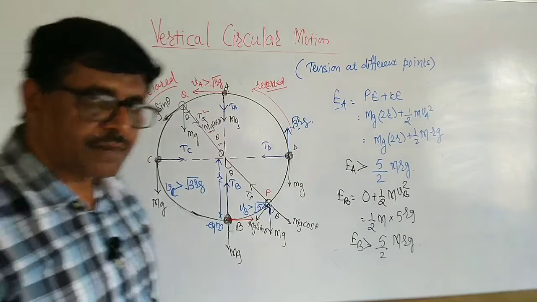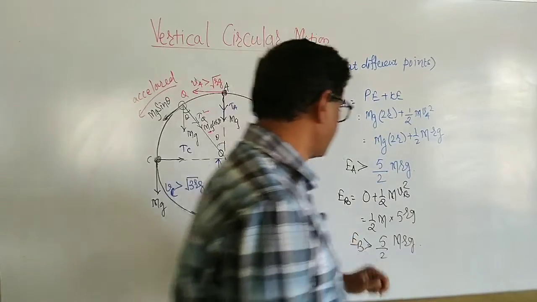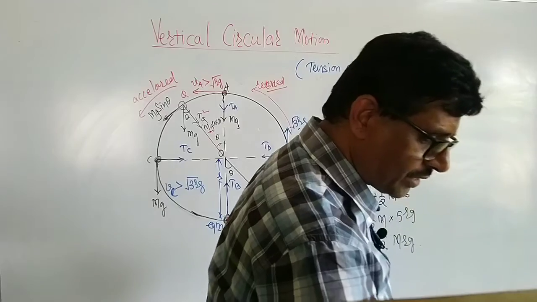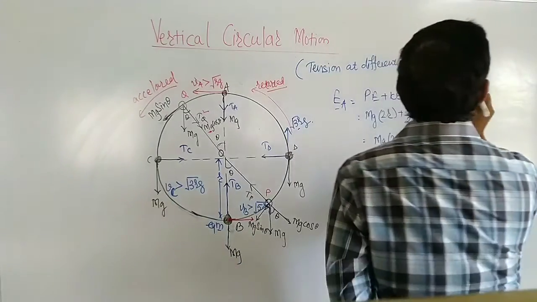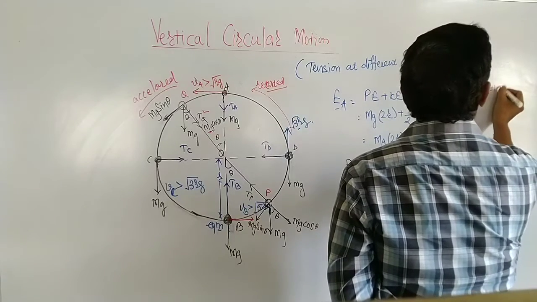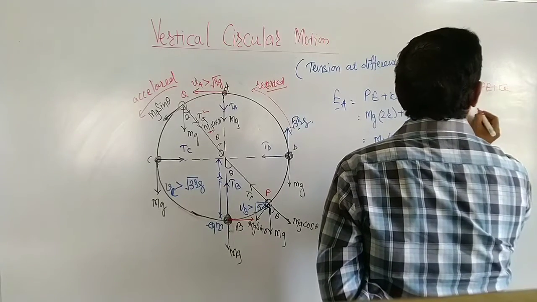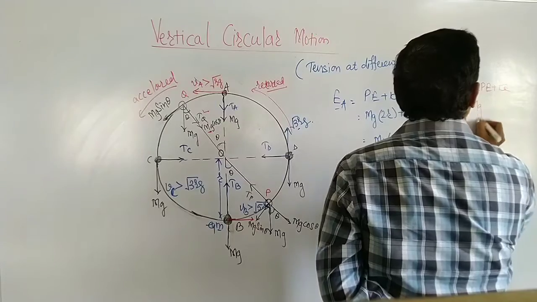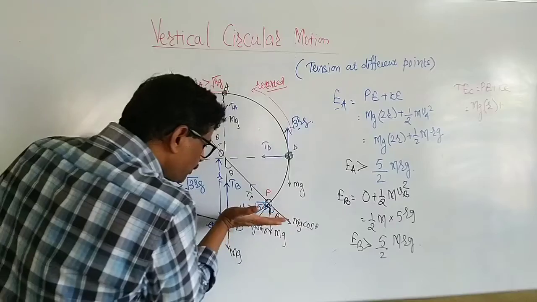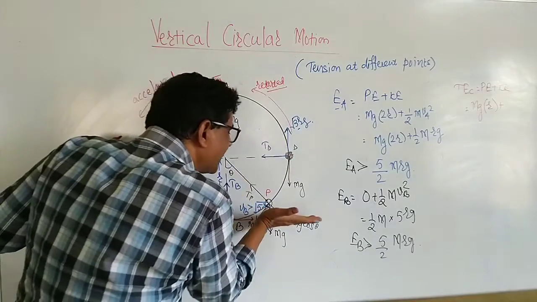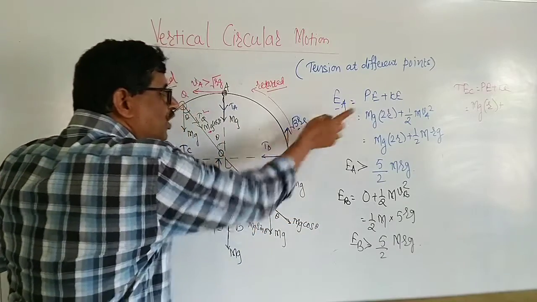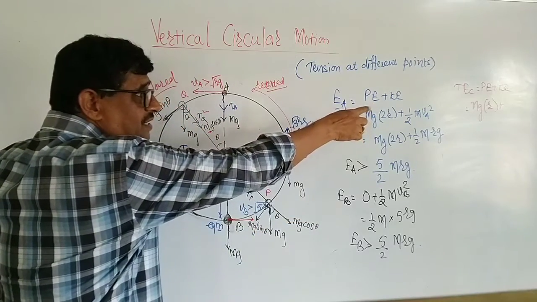In a similar manner, the total energy at C is potential energy plus kinetic energy. With reference to the bottom position, when it is displaced to the horizontal level, it has been displaced through a distance of r, so mgh is mgr.